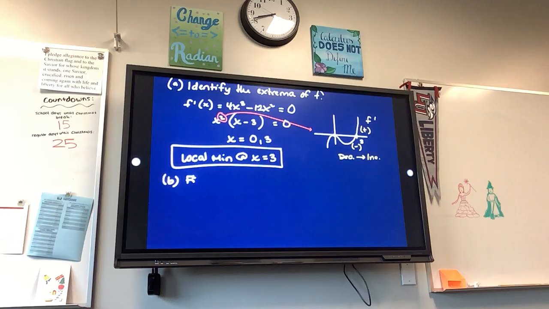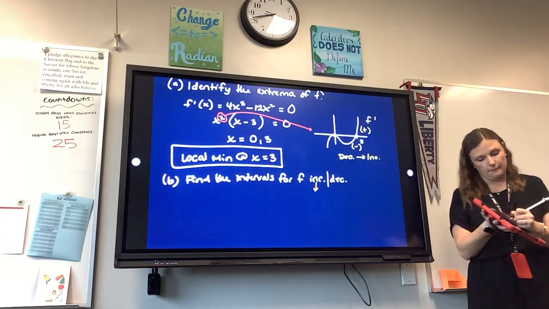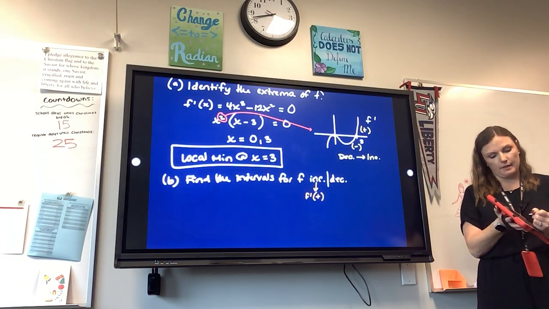Since we already have the graph, this is actually a pretty easy question. Find the intervals for f increasing and also decreasing. So let's do some little notes here. For f increasing, what am I looking at on f prime? Positive. F prime positive.